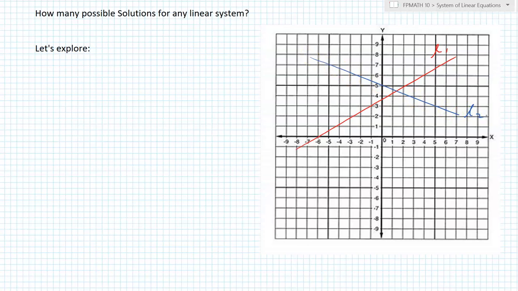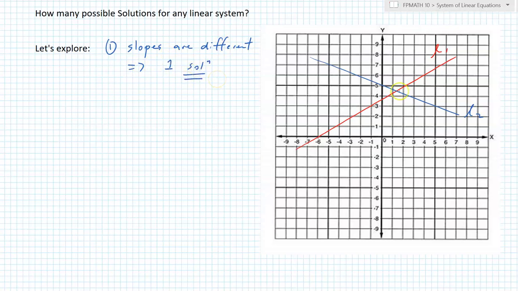And if they're intersecting, that means the slopes are different, radically different. All right? So number one, if their slopes are different, then you have one solution.